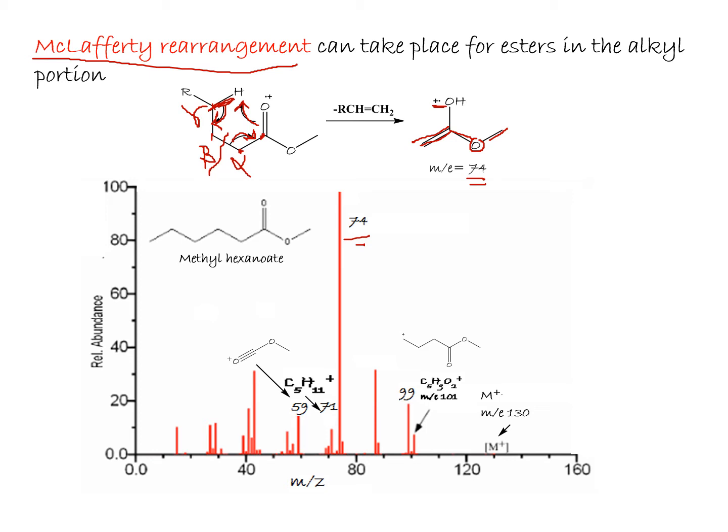That's for McLafferty, and this one is from the elimination of the alkyl part, and the 71 will be this alkyl part. So 55 is this part, and 71 is that one.